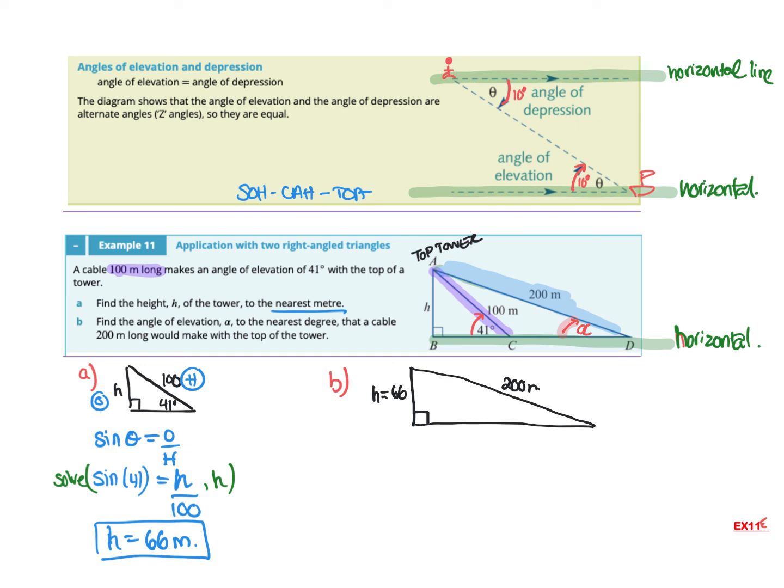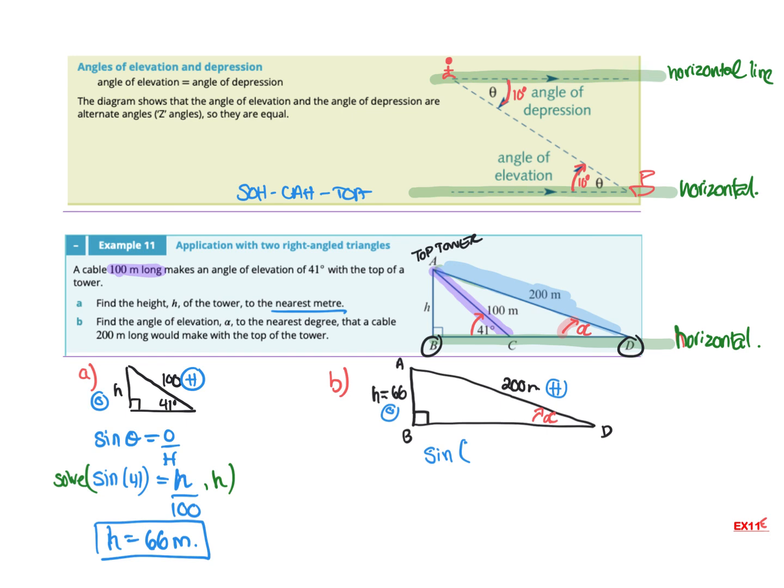And if you use their letters, we're actually using A, B, and D. And they want me to find this angle here, and they're calling it the alpha symbol. So let's do the same. We'll label it up. We've got opposite over hypotenuse. So we're still using sine.